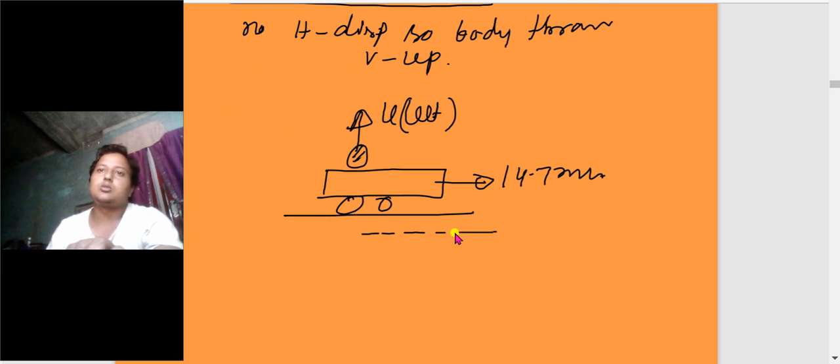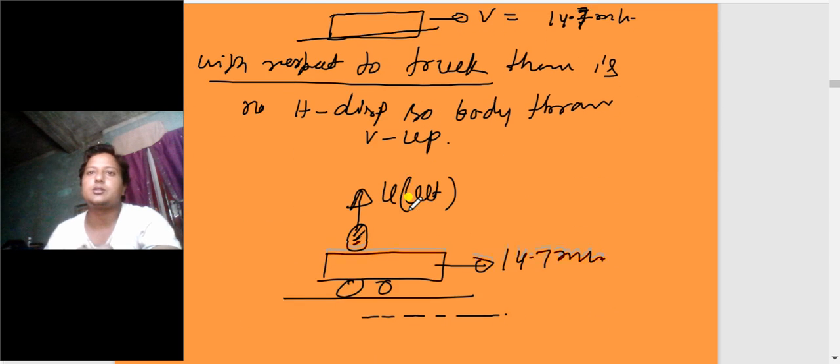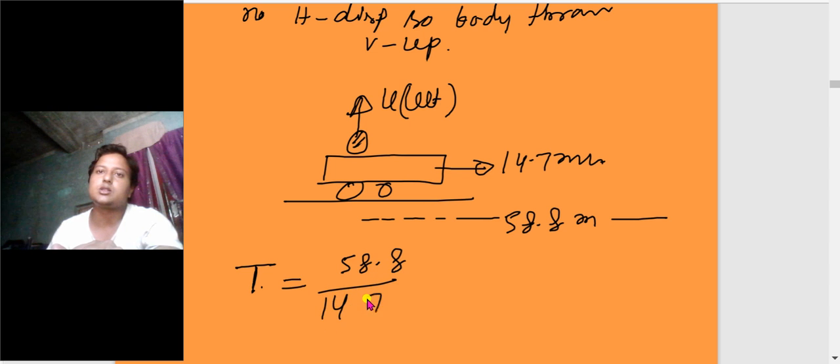The truck covers a total distance of 58.8 meter. So the time taken by the truck is 58.8 divided by 14.7, which equals 4 seconds.